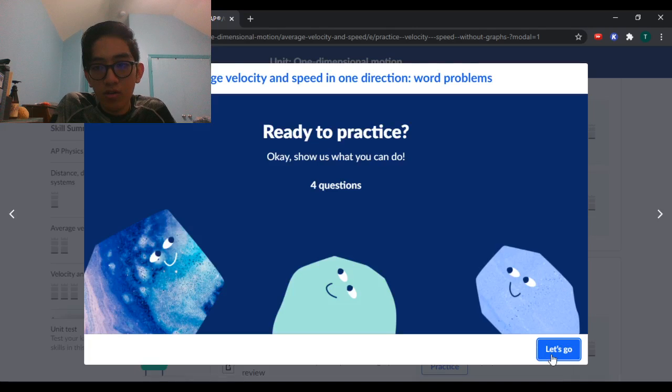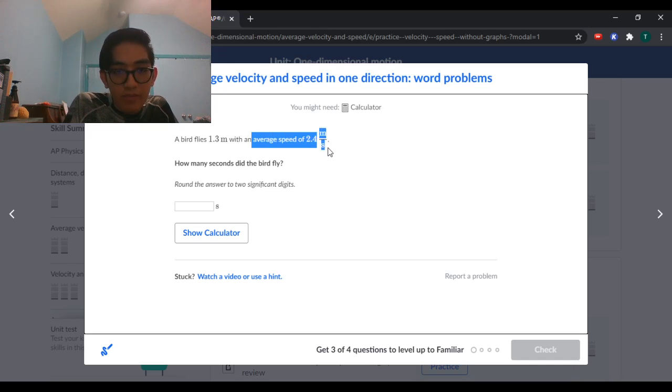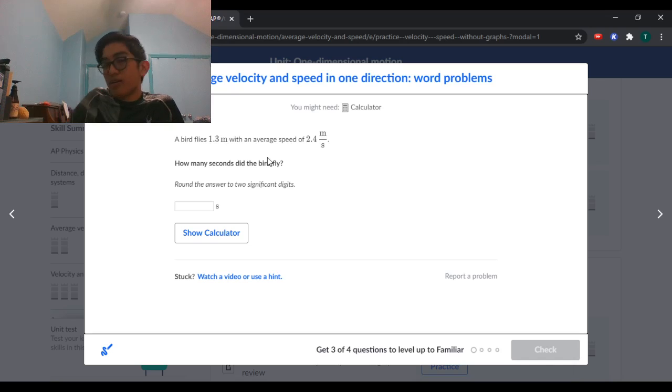So, again, I'm just going to be very quick with this because it's actually not that bad. So, we are given the average speed and the distance covered. So how many seconds have passed? Well, here's the thing.